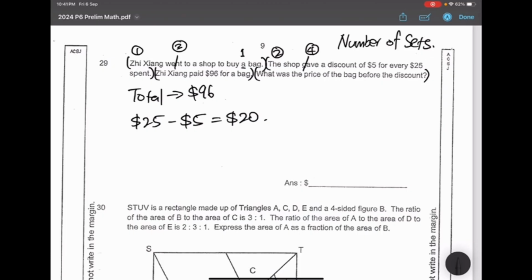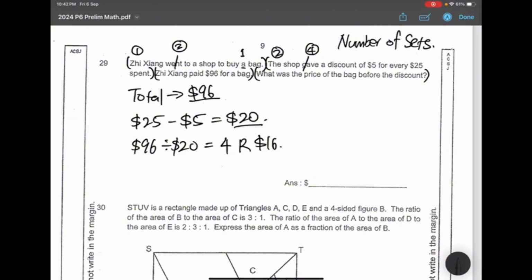So my question is, how many $20 can you fit inside the $96, or how many sets of 20 can we fit inside 96? So what do we do? We take 96 divided by $20, and that would give me 4 sets with a remainder of $16.